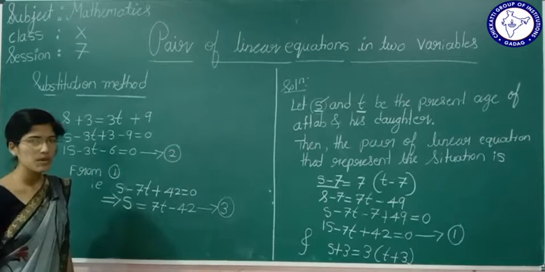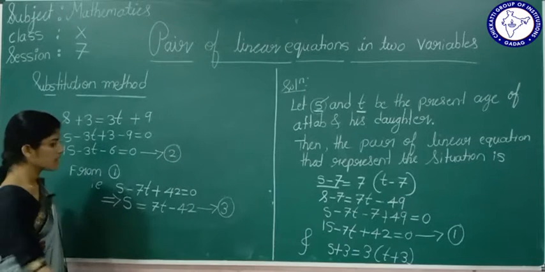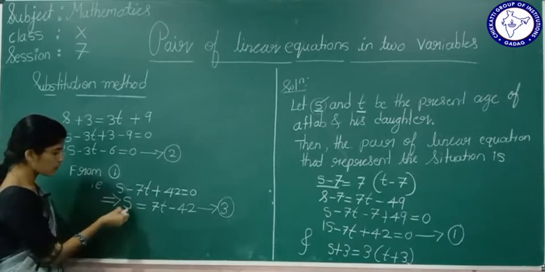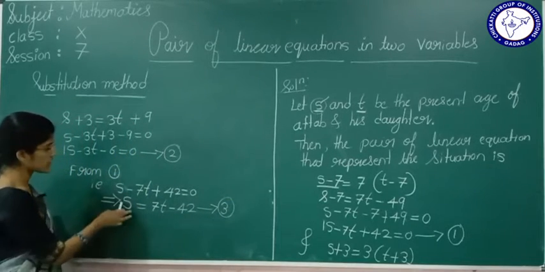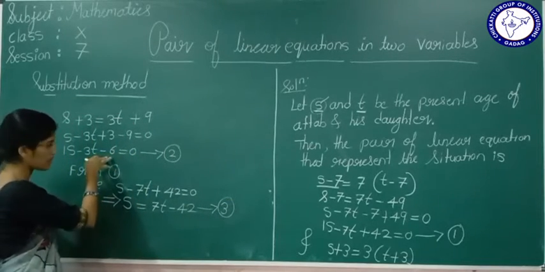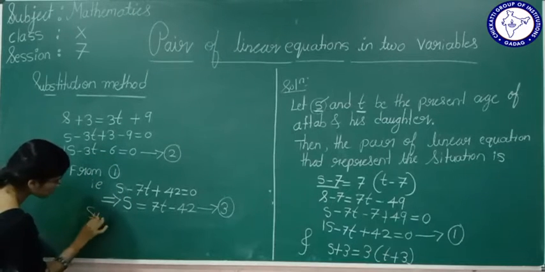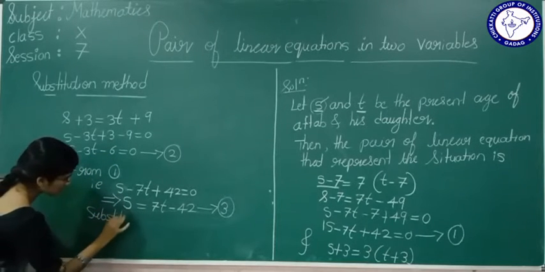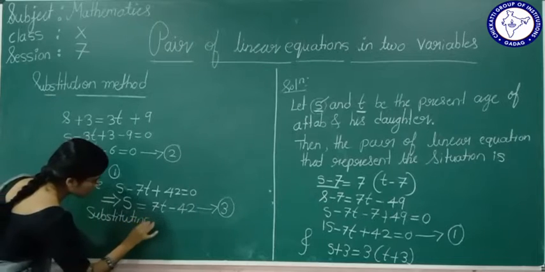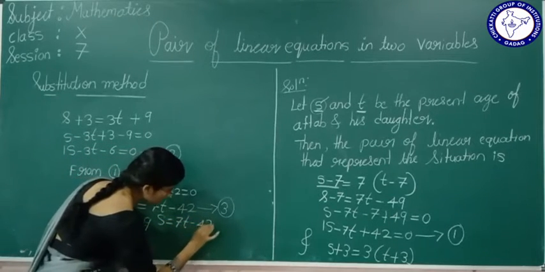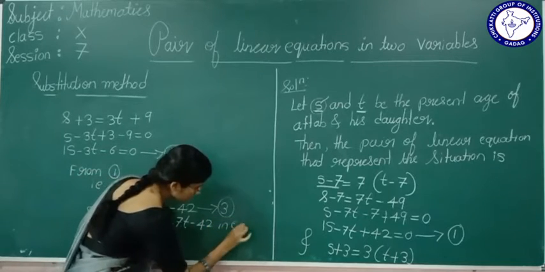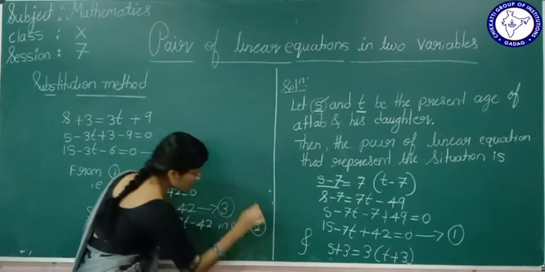What is the step number 2 in substitution method? Whatever you got here, substitute this in the other equation. Which is the other equation? Equation number 2. Substituting S is equal to 7t minus 42 in equation 2.